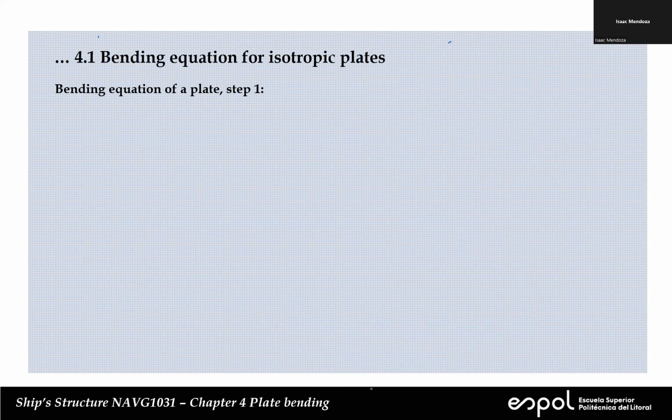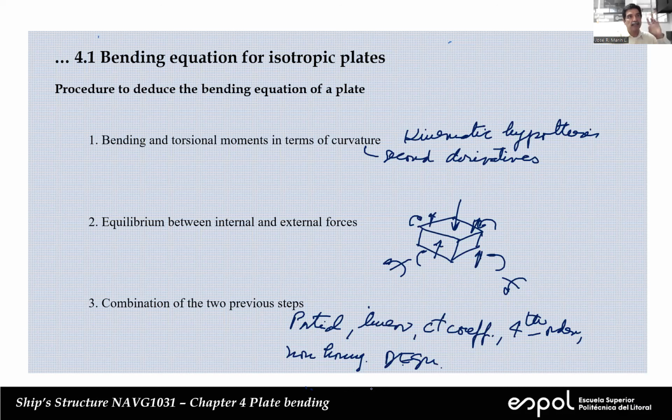So let's go for the first step. The first step is we're going to relate bending moments and torsional moments with curvature, second derivatives. If I ask you, for example, let me ask somebody. Mr. Tenemea, in the case of the beam, what's the relationship between bending moment and curvature?